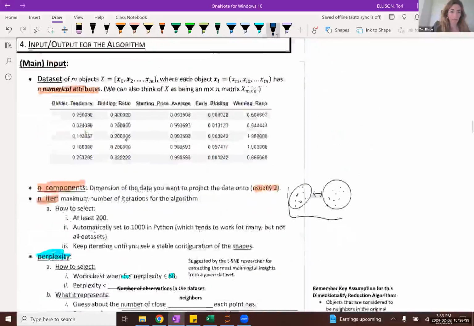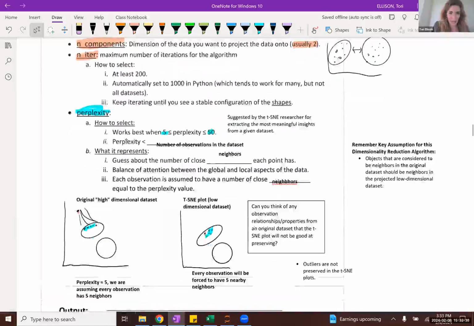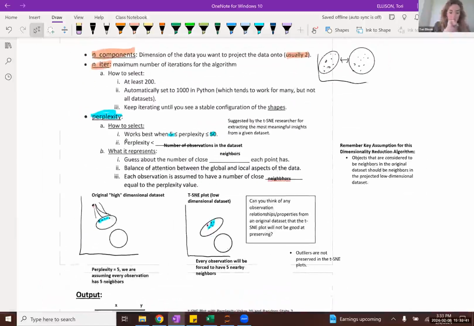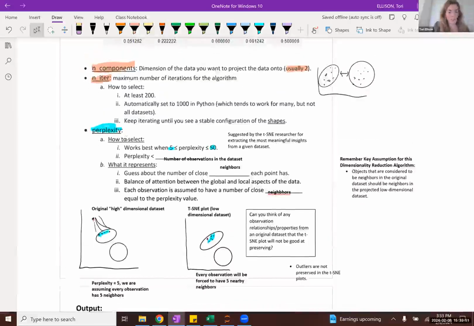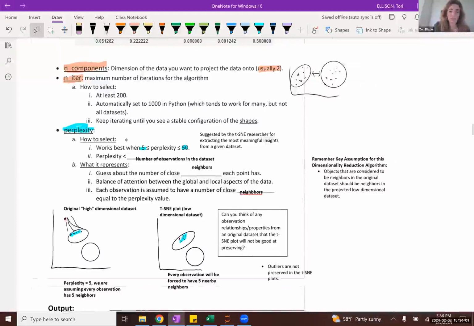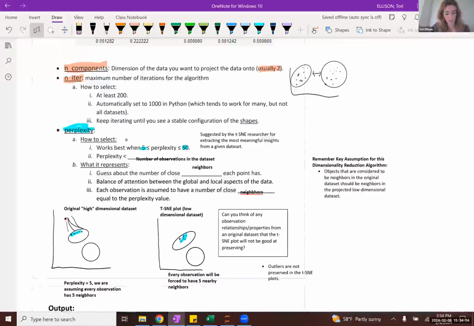Like we discussed, the key parameter that you need to be very careful about selecting is the perplexity parameter. The perplexity parameter represents how many nearby neighbors we are assuming each point in the original data set has, because the way the TSNE algorithm works is it forces however many neighbors the perplexity value stipulates.